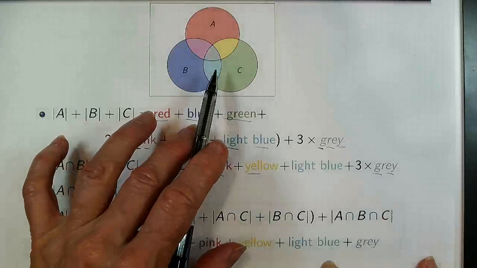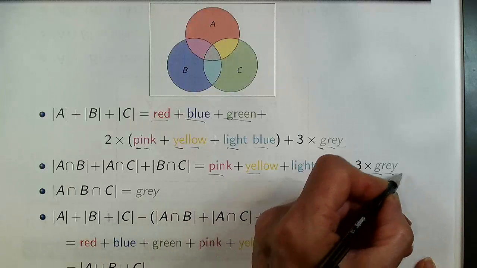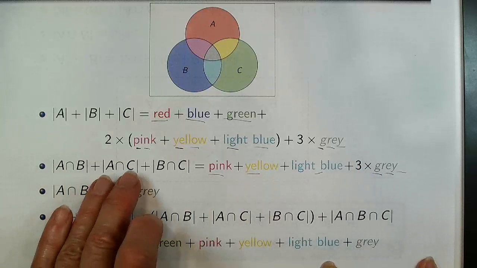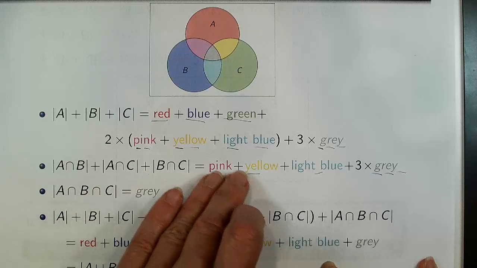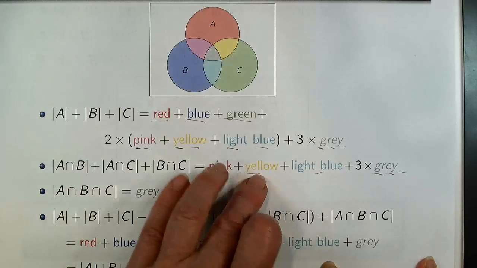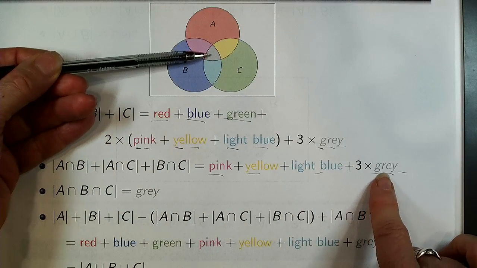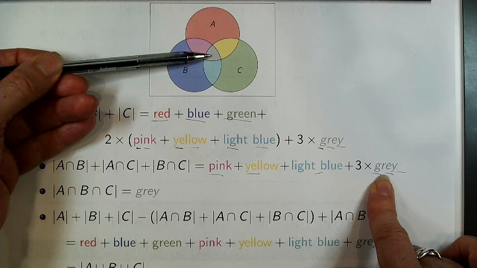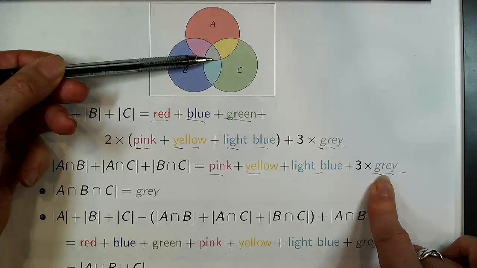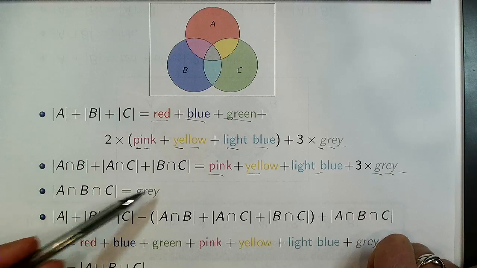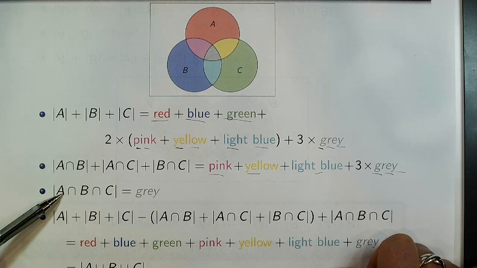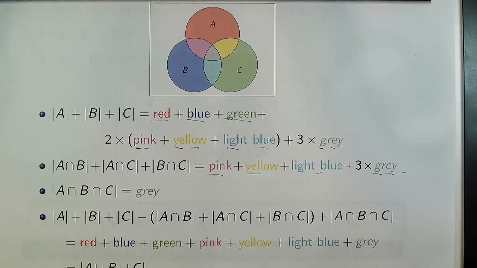B intersect C, we get blue and grey. So when we add up these 3 cardinalities, we've got the number of elements in the pink region, the number in the yellow region, the number in the blue region, plus 3 times the number in the grey region. So the grey region is just A intersect B intersect C. It's the intersection of the 3.